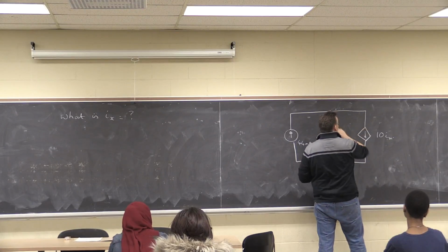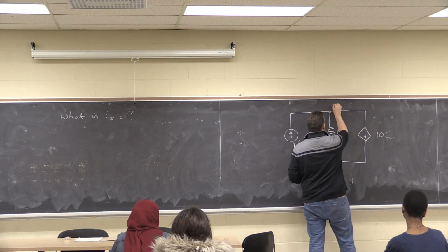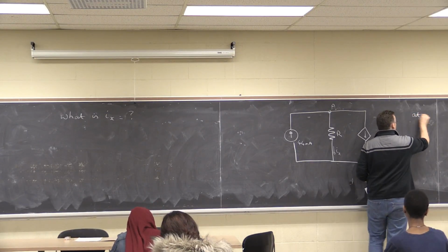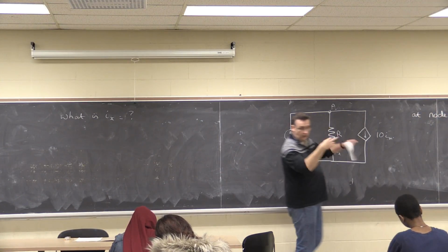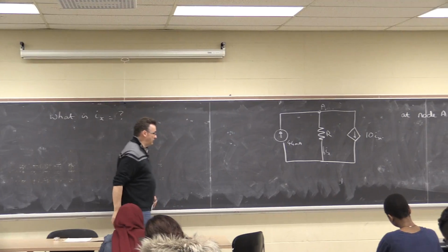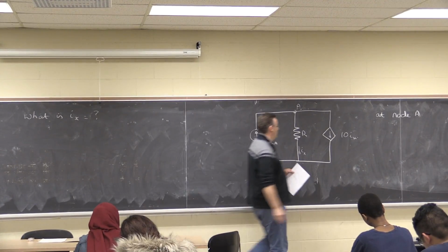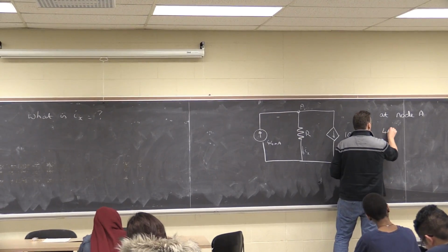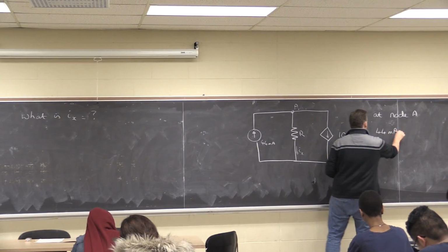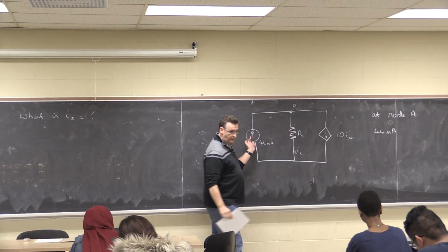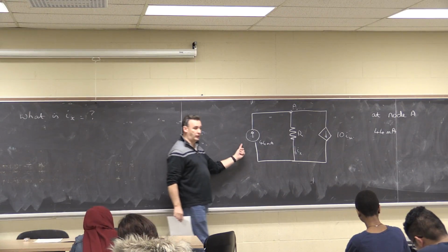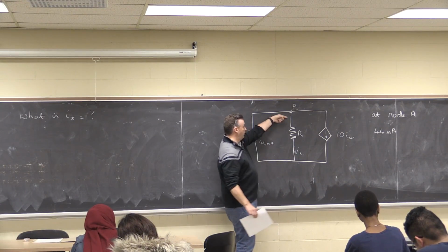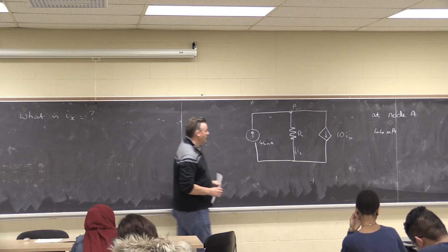That one you can almost do in your head, but let's write it down as an example. Consider the node, let's call it A. At node A, all the currents flowing into that node must sum to 0. We know the 44 milliamps is flowing in this direction because this is a current source with an arrow telling us the direction.